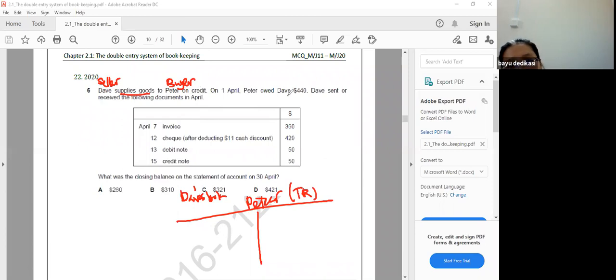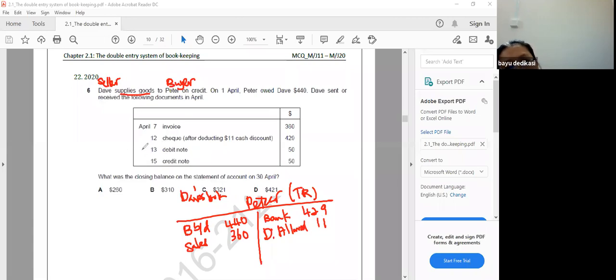On the first, Peter owed Dave 440, so balance brought down in here. On the 7th, an invoice means it's a sale, 360. Check after deducting $11 cash discount. This check is meant by bank. Peter paid 429. And this discount is discount allowed, $11.